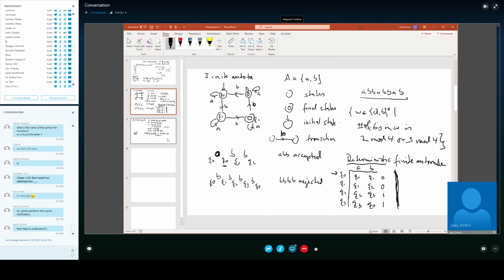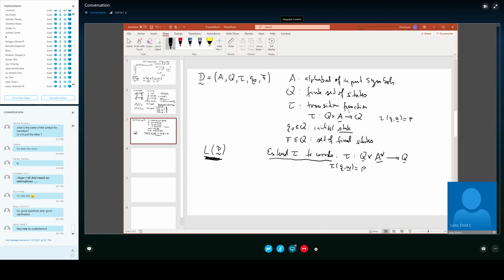So what we have to do now is extend our transition function, which is defined initially just for states and letters, to states and words. And all this is done using the usual inductive method.